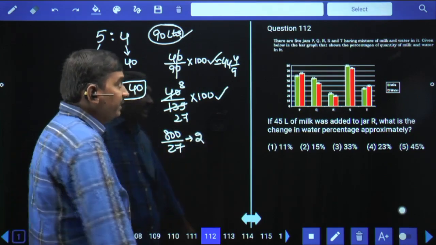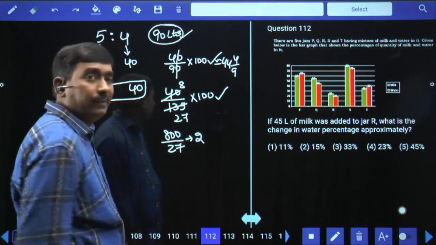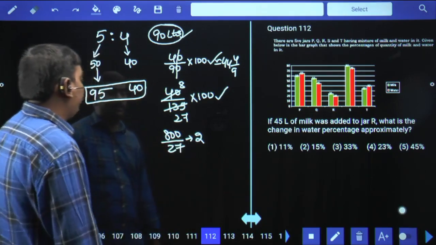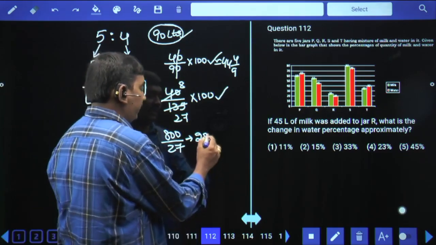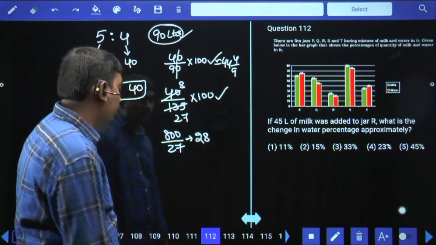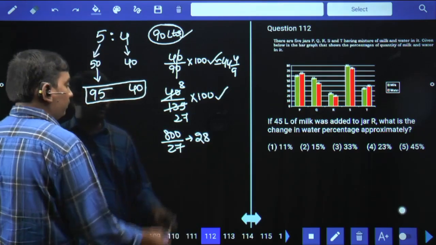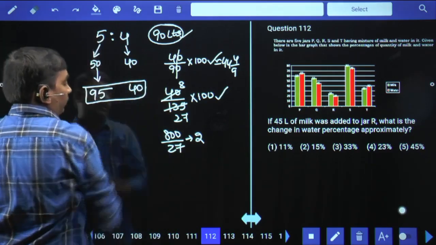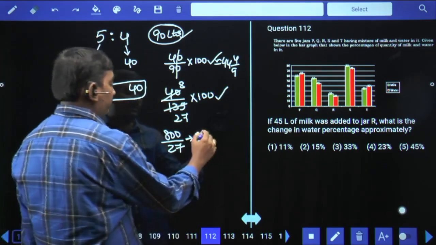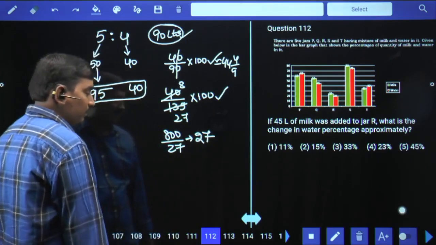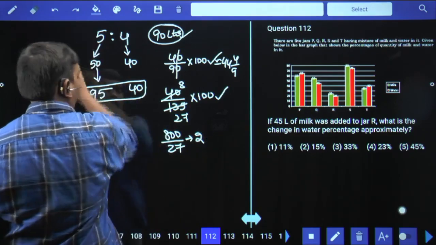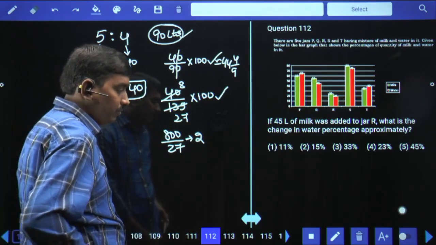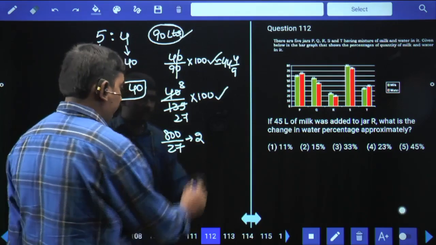27 2s are 54. Still left with 240. 240 means 27 8 times, not 8 times, 27 7 times. Of course the 8s get cancelled. 270 minus 27 is 243, yes.